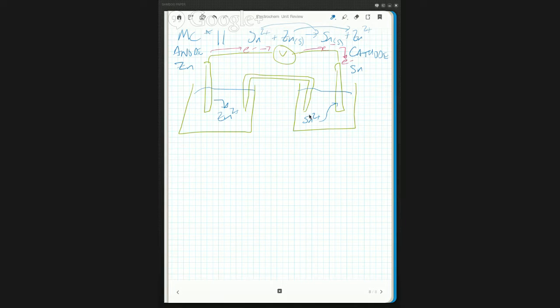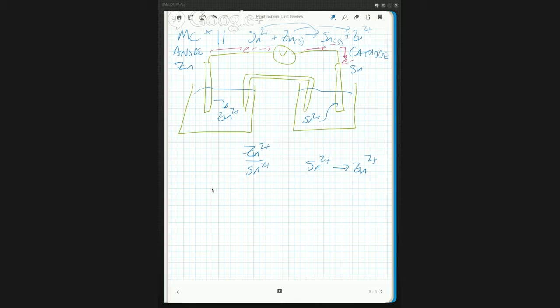Sorry, my throat's getting really dry. Okay, so it's products over reactants, which means zinc 2 plus over tin 2 plus. And it's Le Chatelier's, so remember, the solids don't play a part. It's just those two aqueous ions.